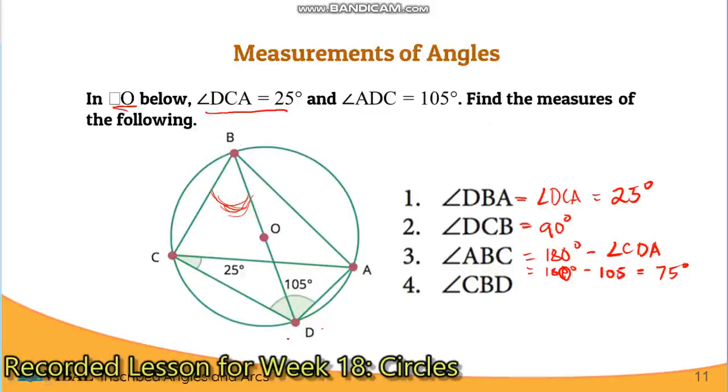Now, let's look at the relationships. Na-form na natin yung mga measures kanina. So, let's try to label them. So, we have DBA. DBA is this one. This one is 25 degrees. And our ABC kanina is 75 degrees. Now, we want to look for this angle. So, what is our formula then for angle CBD?